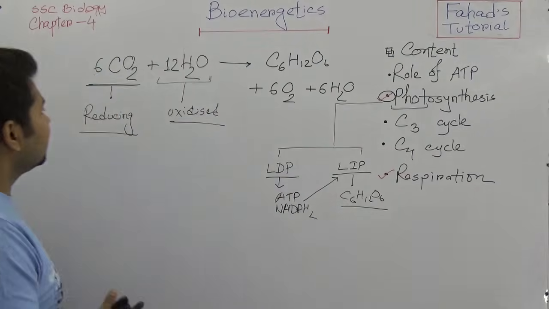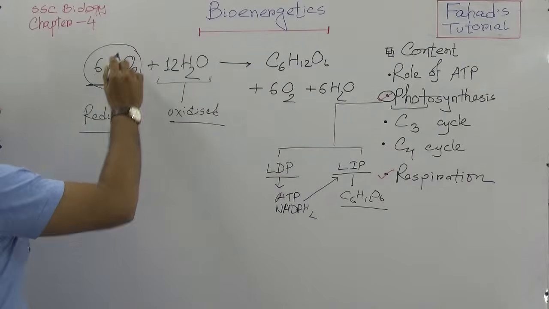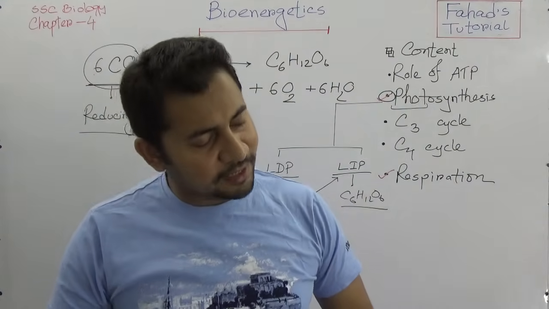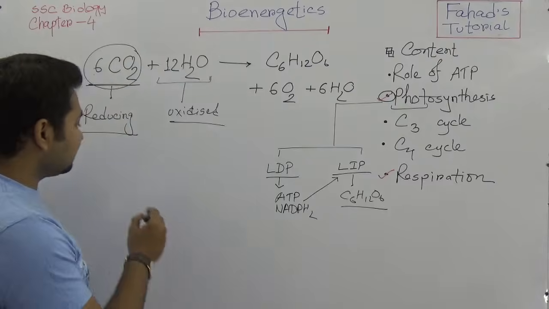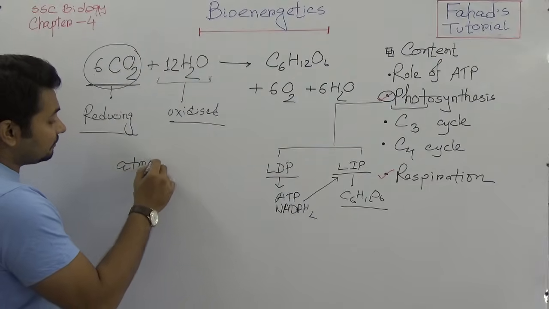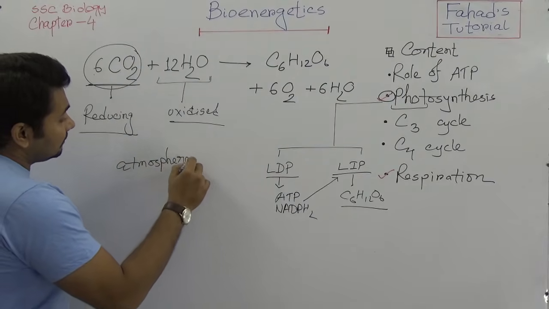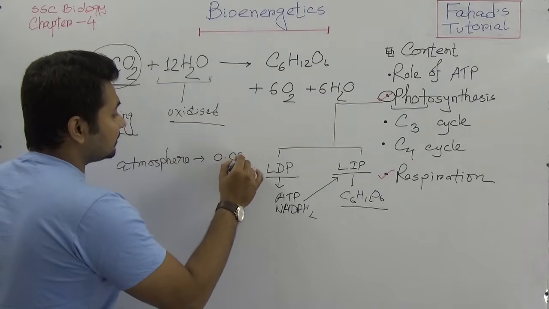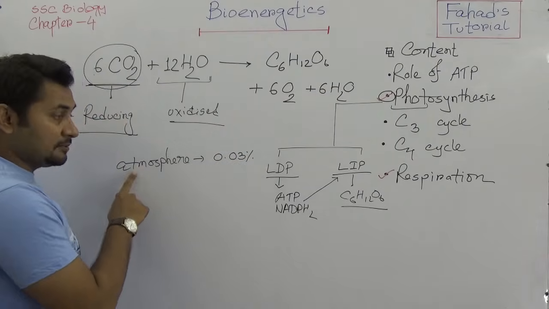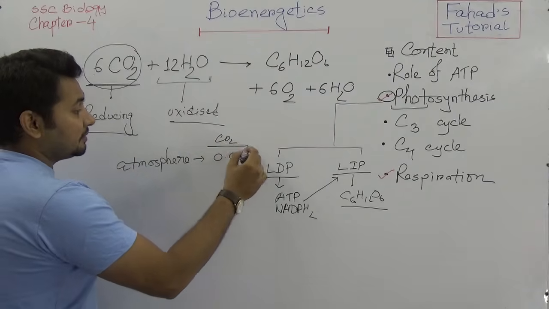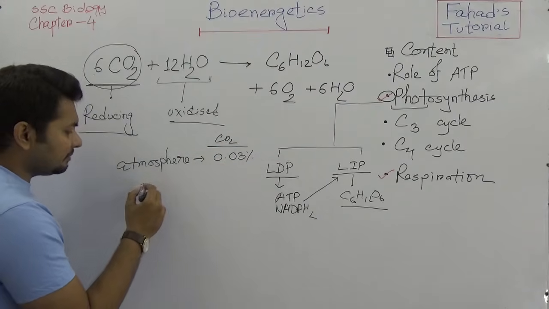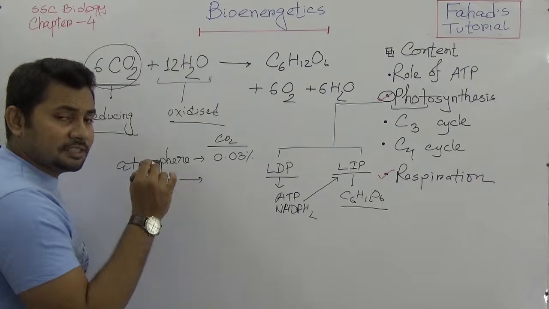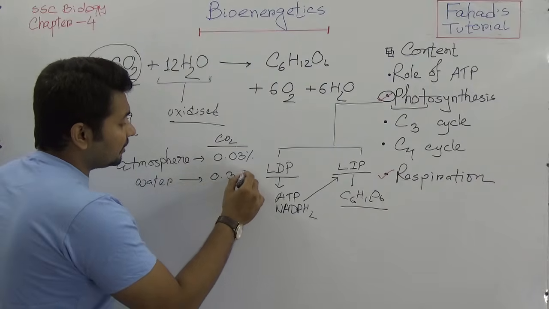And in this case carbon dioxide is required from the atmosphere. This is also again a very important basic: in the atmosphere, the percentage of carbon dioxide is 0.03%, but in water the percentage of carbon dioxide is 0.3%.